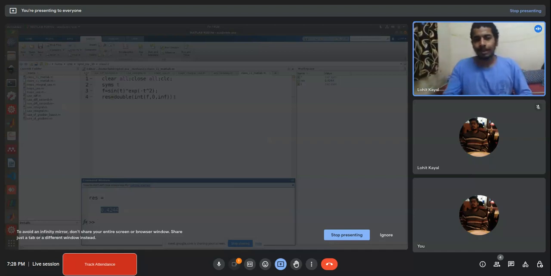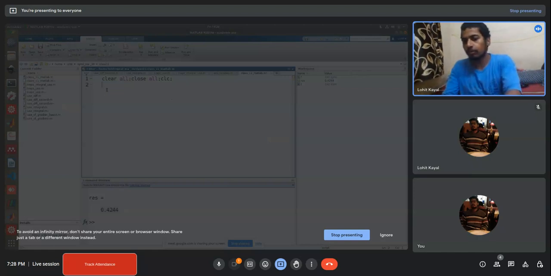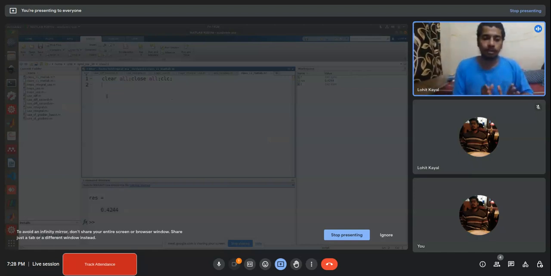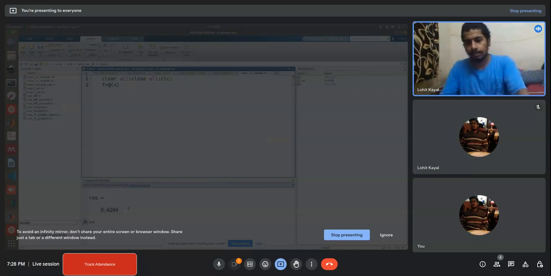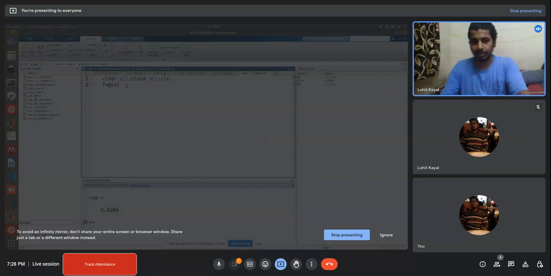Now let me show you, for the same example, how to use numerical integration. So for the same function, exactly the same function, remember this answer, 0.4244, using the analytical expression.